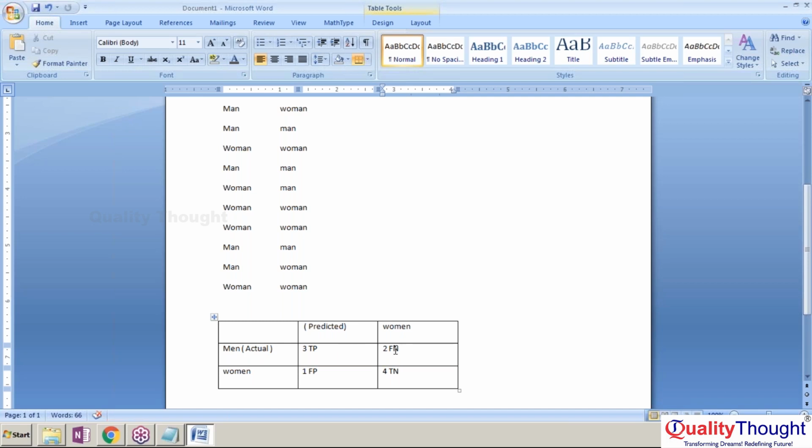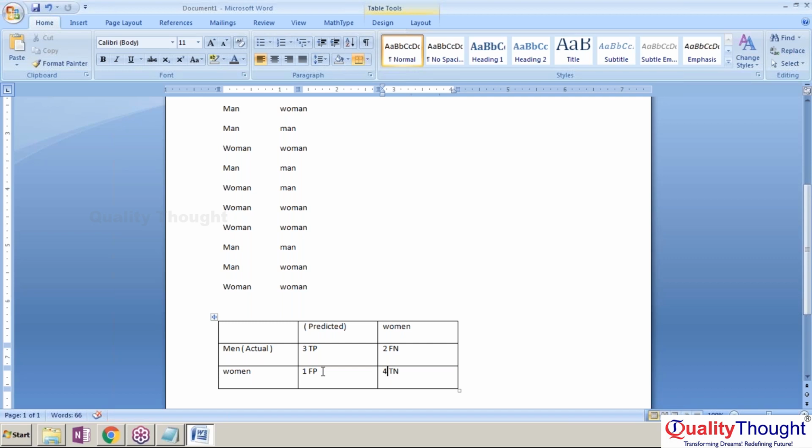Woman is woman itself, so it is a true negative, correctly predicted no event values. No event represents false, and you can assign the column of predictions to true. Woman predicted as man is completely false, but it is predicted as man, positive.